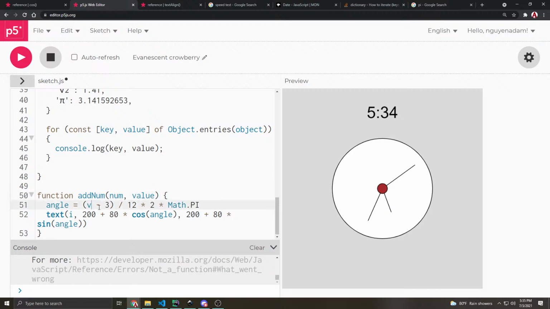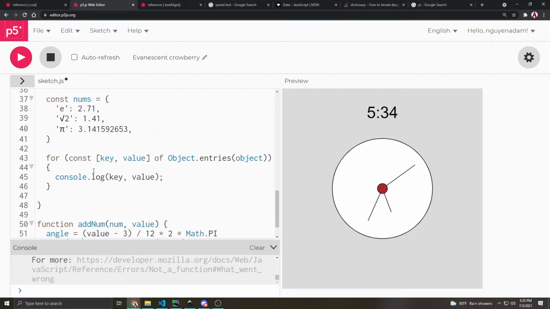So the angle equals the value, and then we want to add the actual number on there, right? Yes. Okay, and then for every key value of object entries in nums, we want to add num key and value.